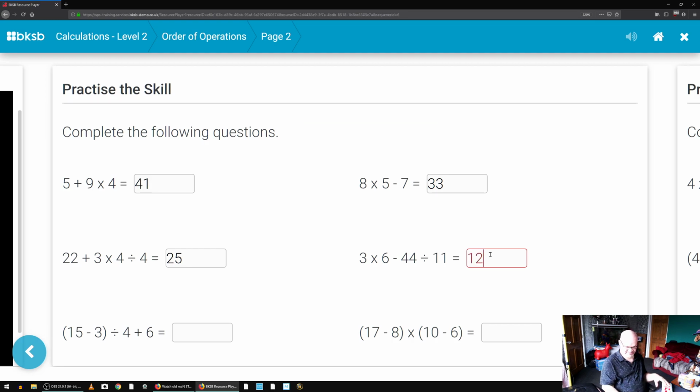Ooh, let's have a go on the calculator again and see how we got on with that. 3 times 6 minus 44 divided by 11. My calculator just does it. I got 14. So I've done something wrong again.